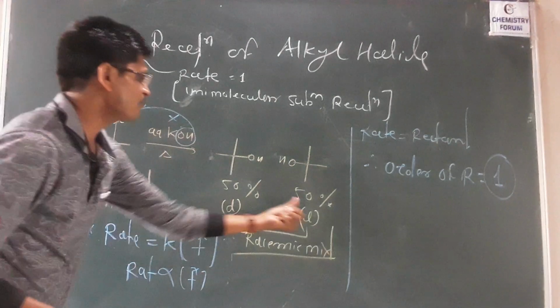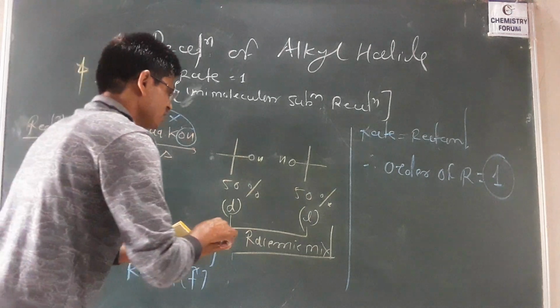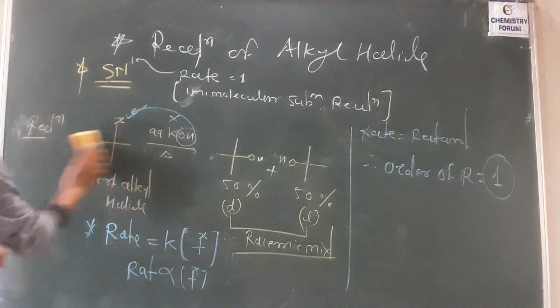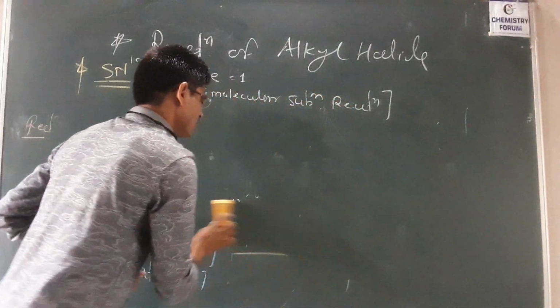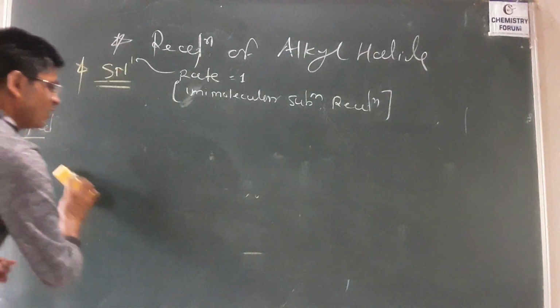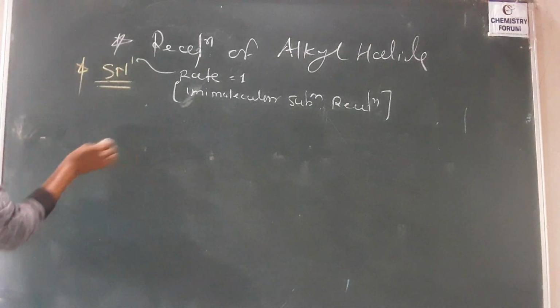Why are these two types of product formed? Suppose the order of the reaction is 1, dependent upon one reactant species.